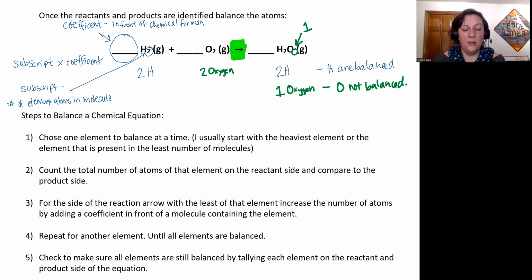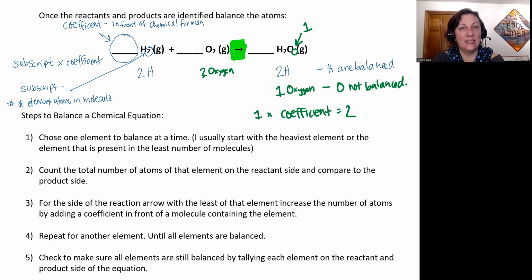So to do that, I am going to add a coefficient to balance my oxygens, because the total number of oxygens will be that subscript times the coefficient. So that's going to be 1 times my coefficient will need to equal 2. And I'm choosing 2 because I have 2 on my product side, 1 on my reactant.